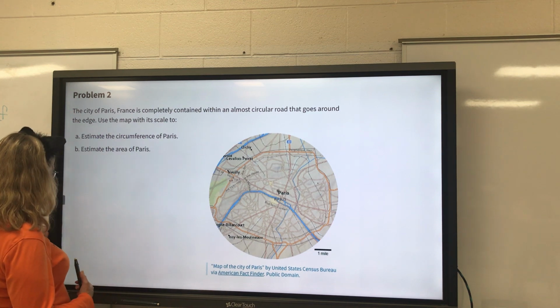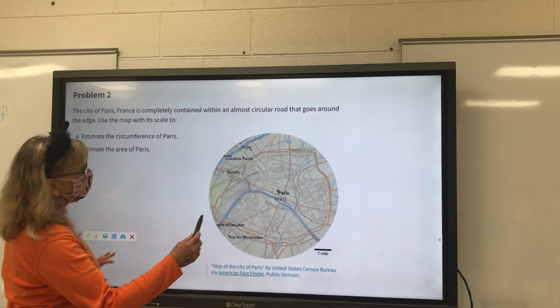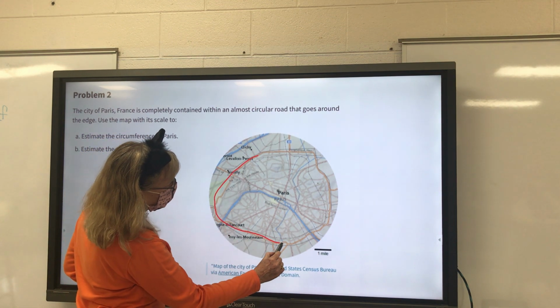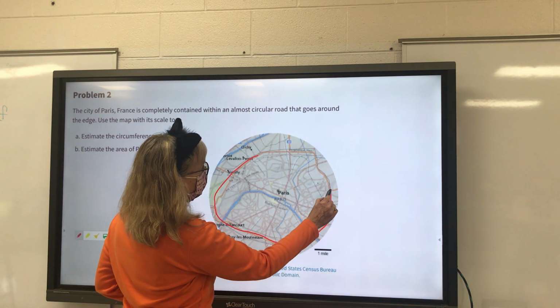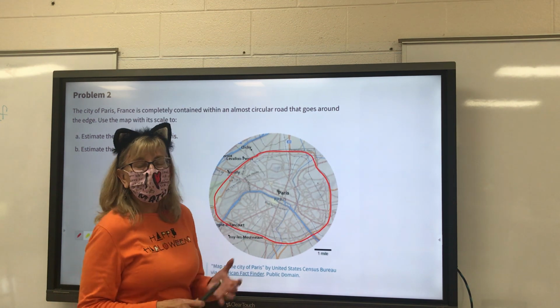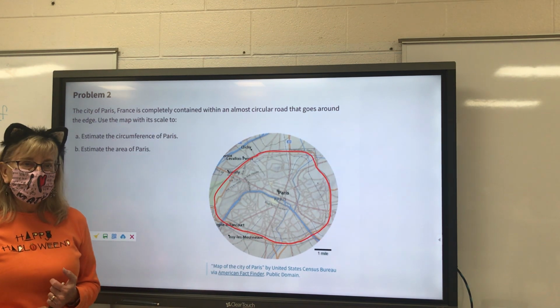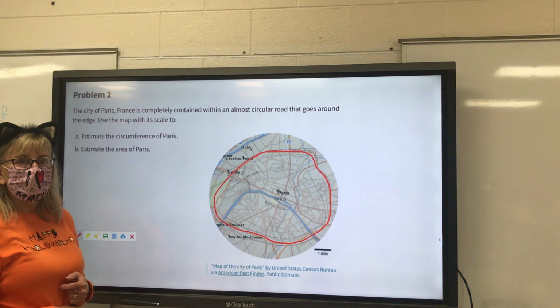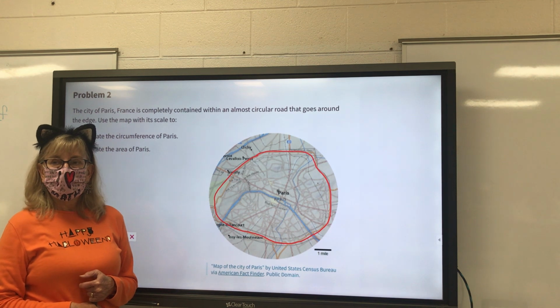If you look at this map, see this road right here? It's pretty much a lumpy circle, and here's Paris, and Paris is pretty close to the center.